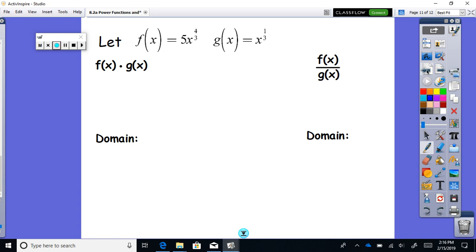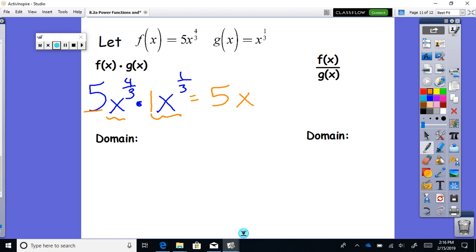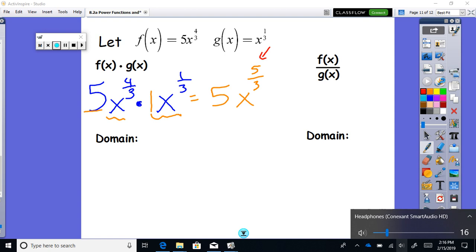All right, last example. f of x times g of x, 5x to the 4/3 times x to the 1/3. You're multiplying, so you multiply the coefficients. 5 times 1 is 5. And when the bases are the same and you're multiplying, you add the exponents. So 4 plus 1 is 5/3. The denominators are the same, so I was able to add.